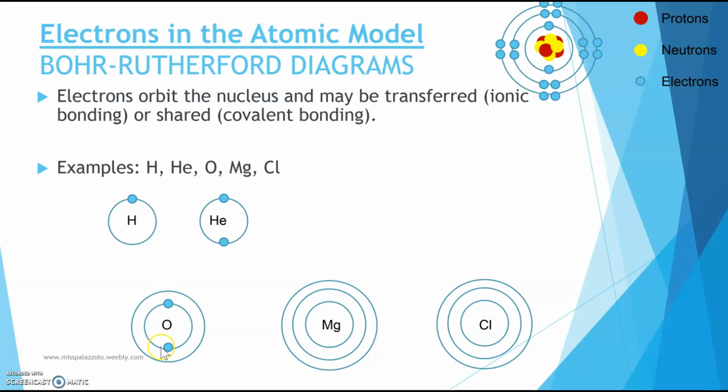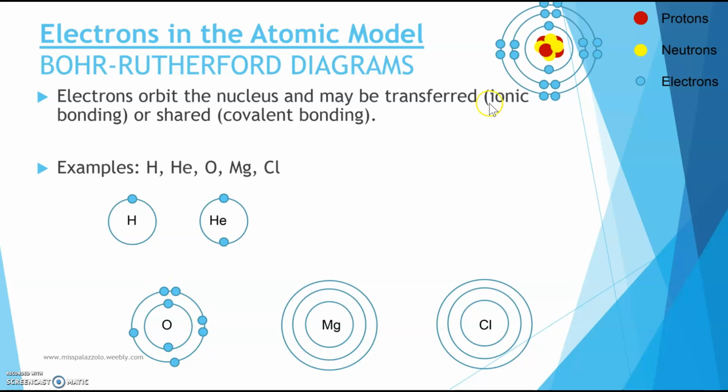So there's 1, 2 electrons, 3, 4, 5, 6, 7, and 8 electrons. So now that we've fulfilled the number of electrons that oxygen needs when it has no net charge, this is its Bohr-Rutherford diagram.